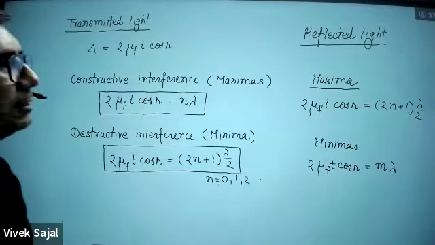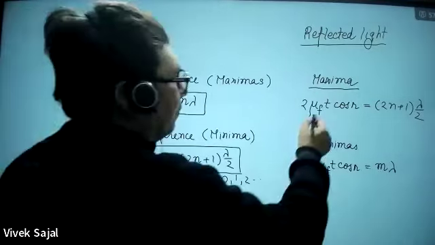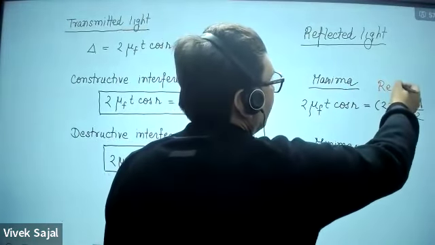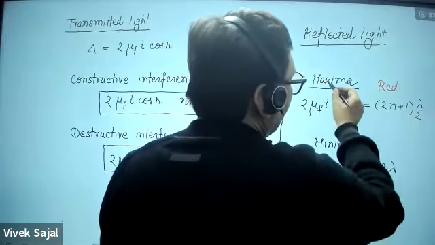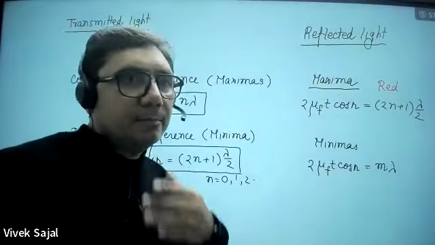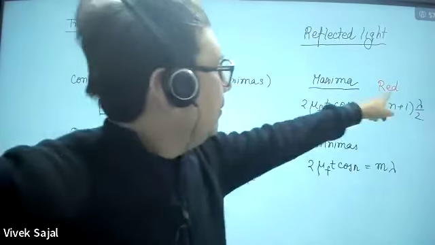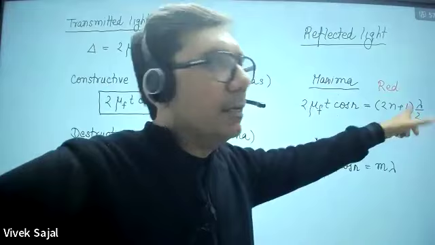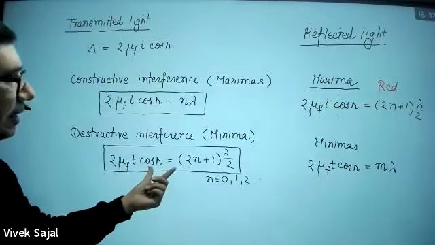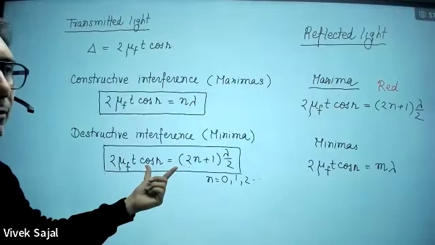Now tell me one thing. Suppose in reflected light, red color wavelength is satisfying the condition of maxima. It means in reflected light you are observing a red color fringe. So red color wavelength is satisfying this condition. If red color is satisfying this condition, then automatically the same wavelength is going to satisfy this condition also.